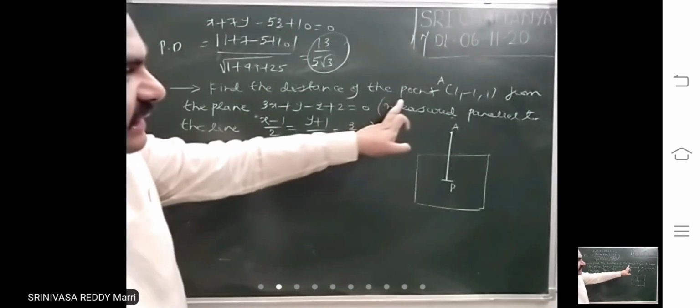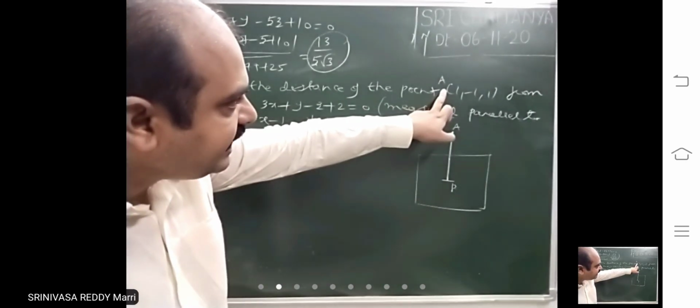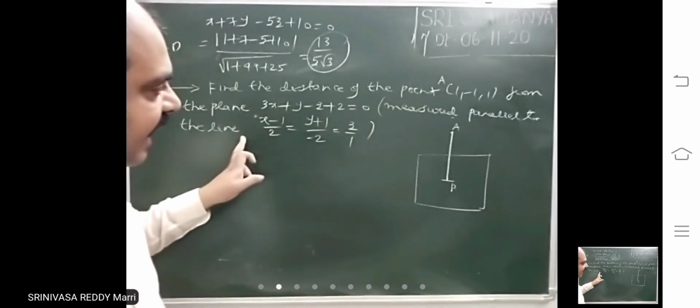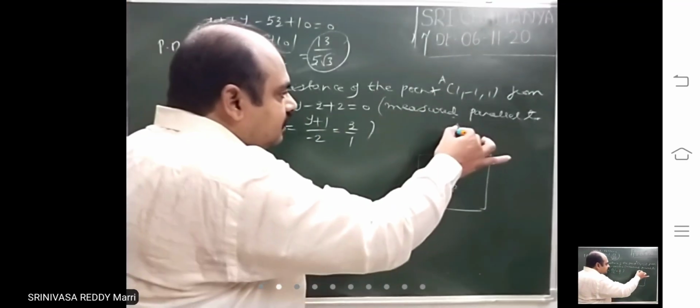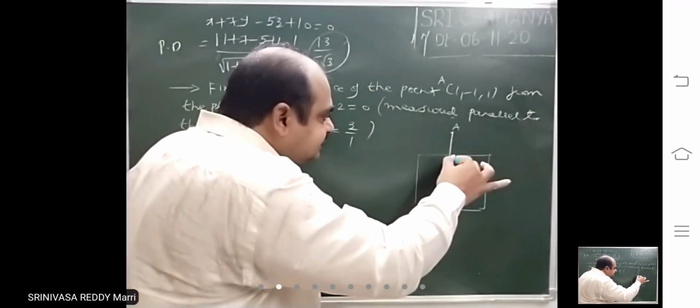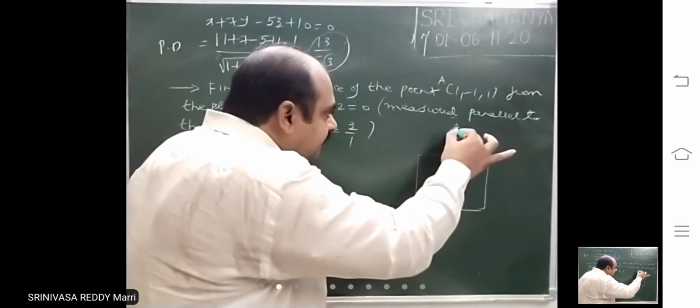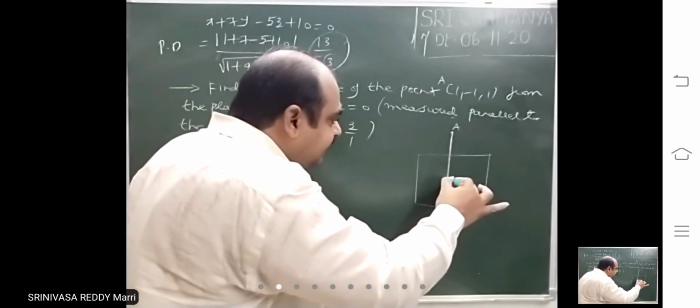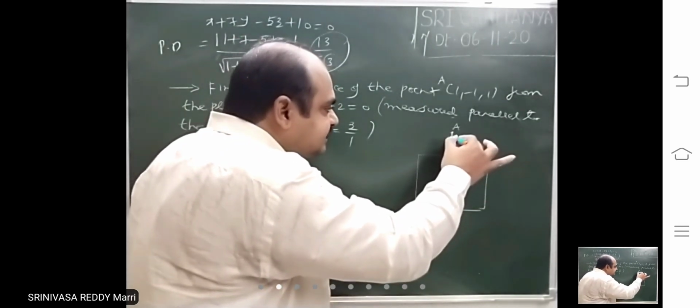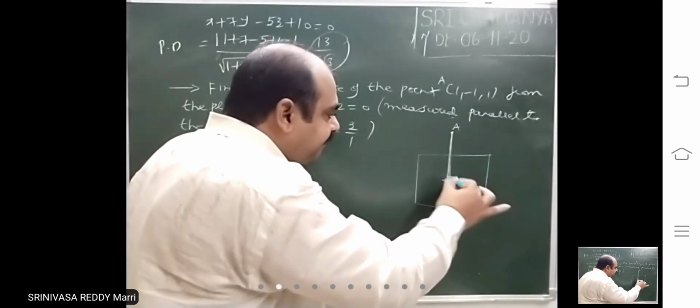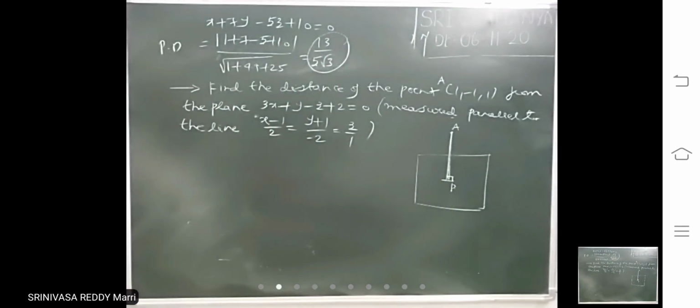Now he is not saying that. He says the distance of this point A measured parallel to the line. Now look, how is the perpendicular distance measured? Perpendicular to the plane, that means along the normal.